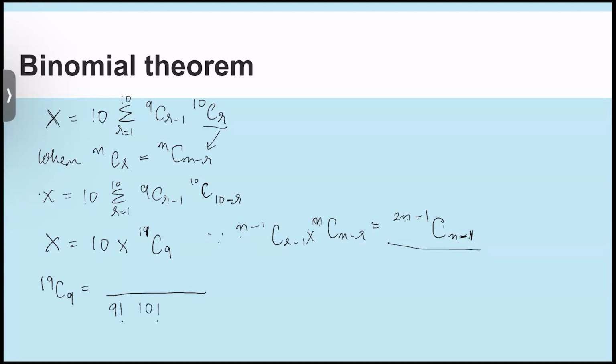So you can write the numerator of this combination term up to where you get your 10 factorial. So that will be 19 into 18 into 17, 16, 15, 14, 13, 12, 11 and into 10 factorial. Over here you can take out 10 factorial.